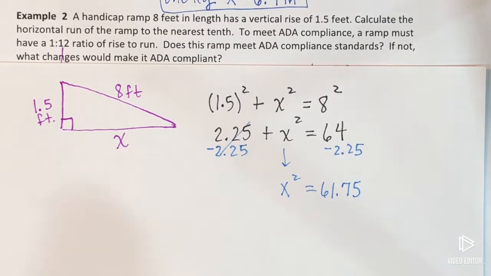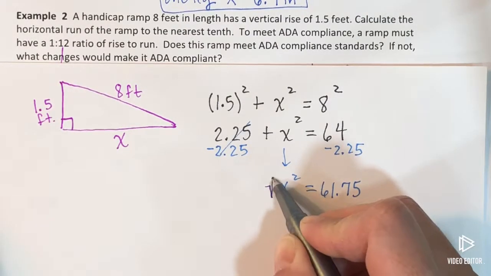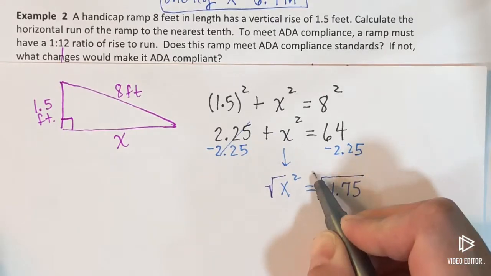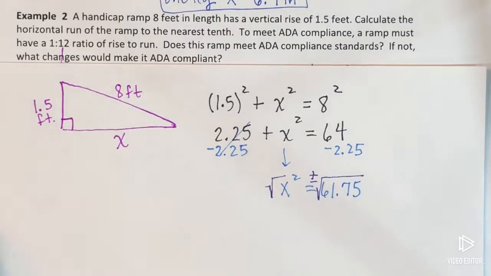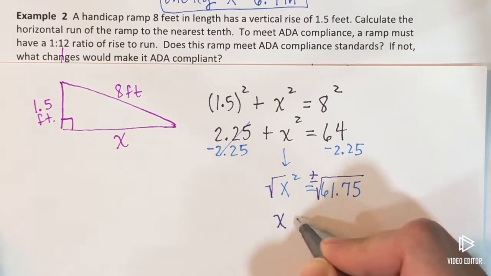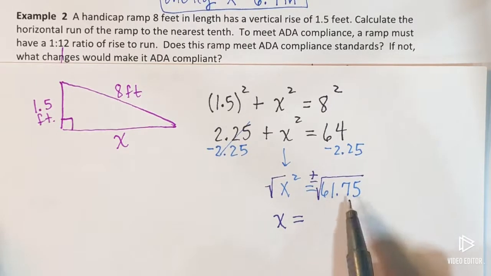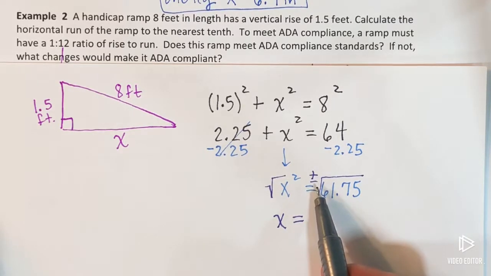Okay, so once again, my square tells me I'm going to have two answers. To undo my square, I'm going to square root, and don't forget to be in the habit of adding that plus or minus out front. So the square root and the square go away and leave me with x. Since we're talking length, the length of a ramp, I'm not going to take the negative value, but if it was just the problem that you were solving, not as an application, you would want to keep both the positive and negative.